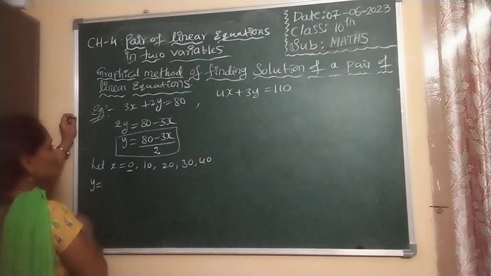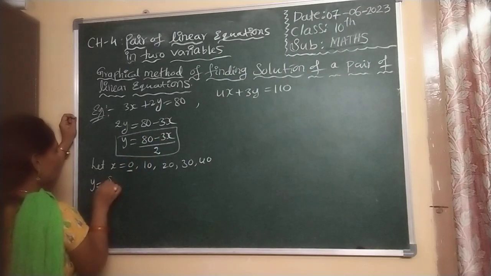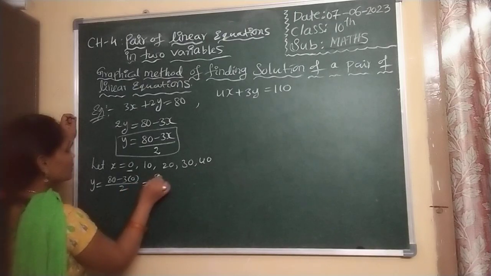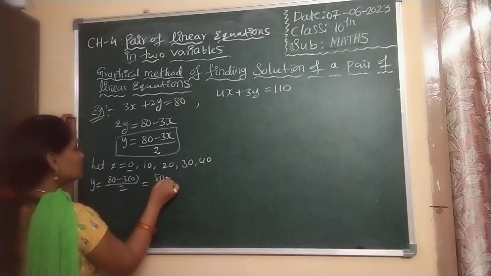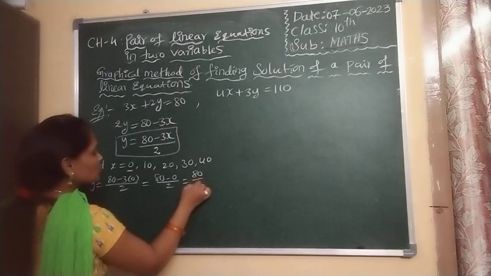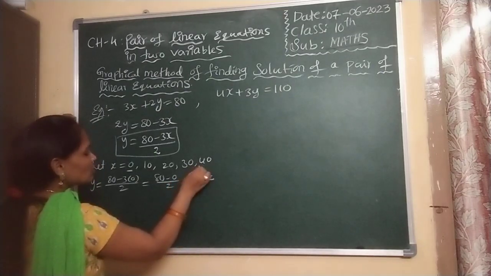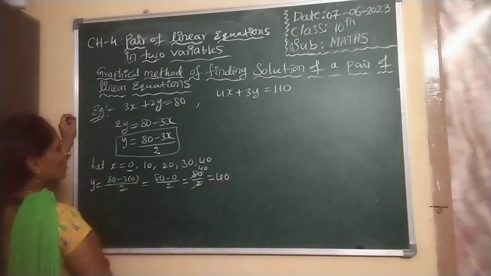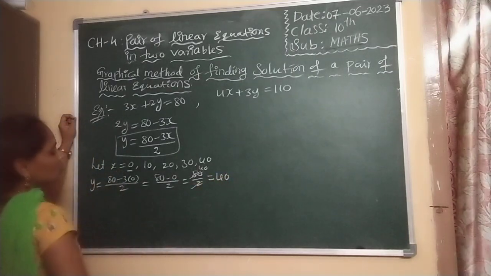If x is equal to 0, y is 80 minus 3 into 0. Calculations are very important. If you make any mistake, you will get a wrong graph. So this is very important. Two 40s are 80, so y is equal to 40 when x is equal to 0.